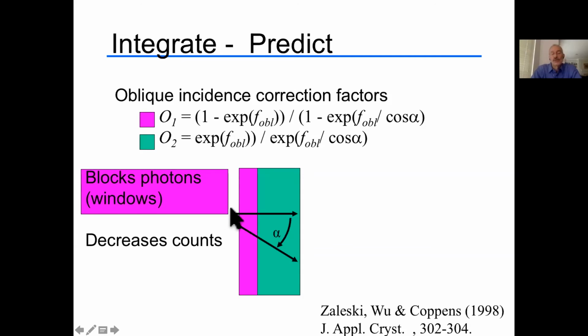So if you come through directly, you'll pass through a shorter distance than at an angle, and this will decrease the counts, or you can have the opposite, where it increases the counts. Like in a phosphor or silicon, the more material you pass through, the more chance of interaction you have to convert the photon to a signal in your detector. So these two equations describe those two things.